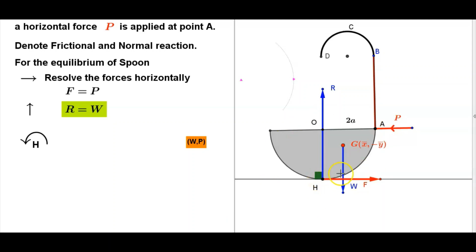Taking moments about H, W into this distance x bar is equal to P into the distance 2A.